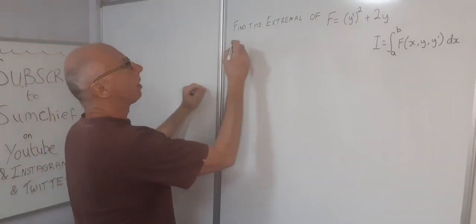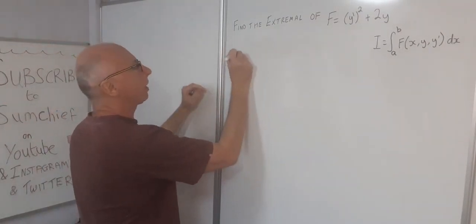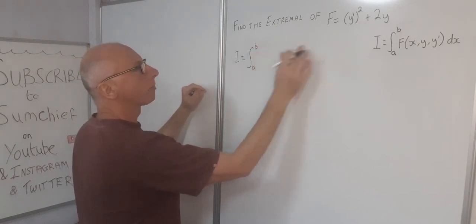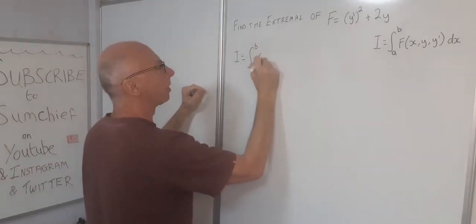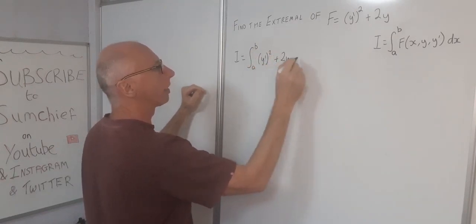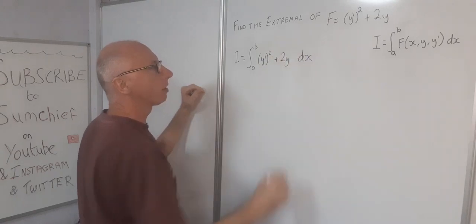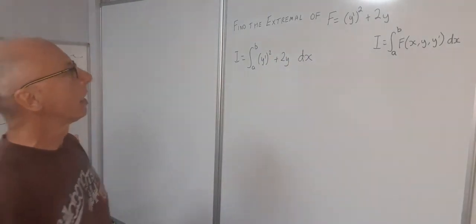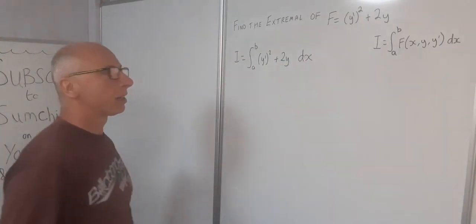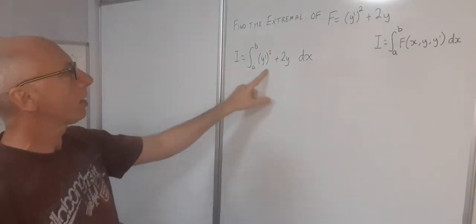So we've got I equals the integral from a to b of y prime squared plus 2y, and that's all integrated with regards to x. I'm not going to put the brackets in here because we can see that this is all enclosed inside the integral. So this is our integrand.